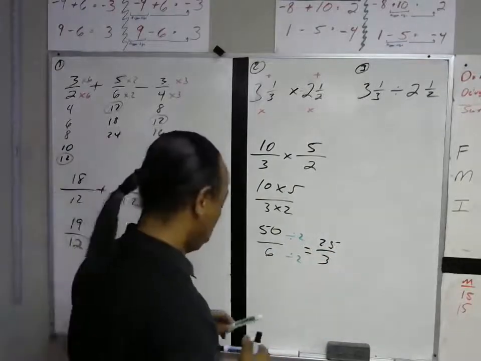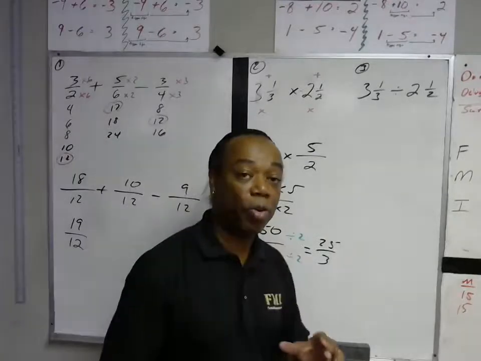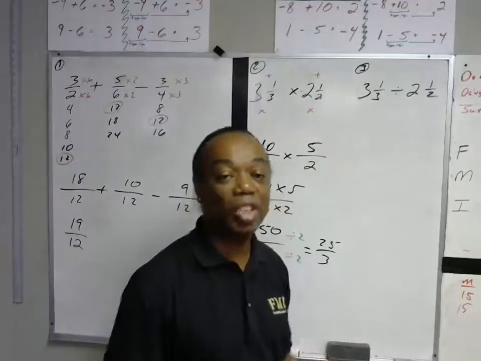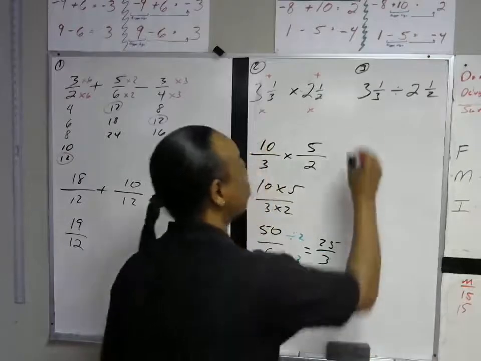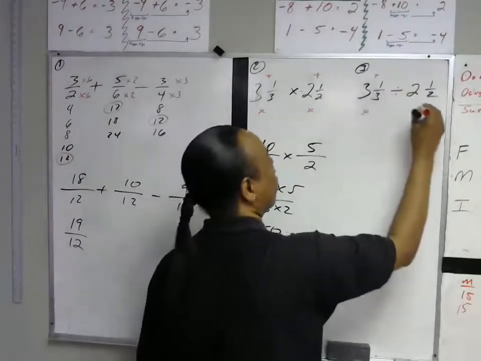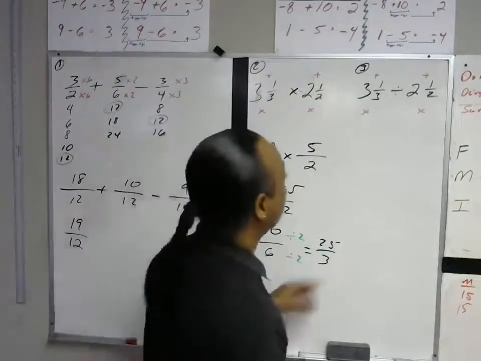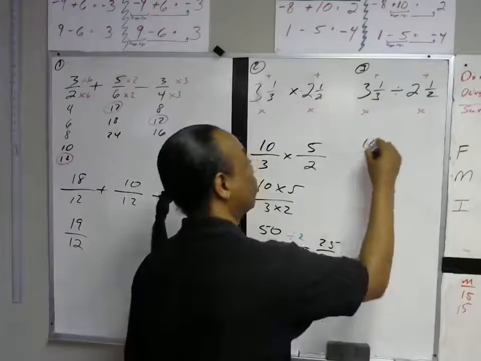Okay. All right, once again, with the division, we're going to convert these mixed numbers into improper fractions by using multiplication and adding. So 3 times 3 is 9, plus 1 more is 10.